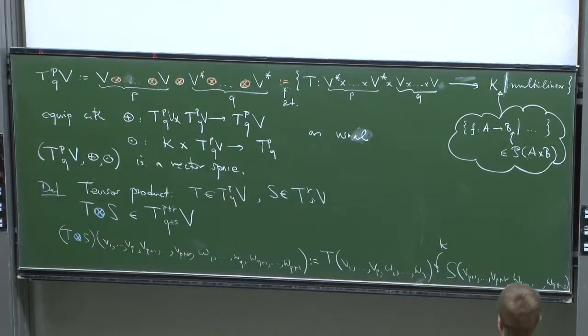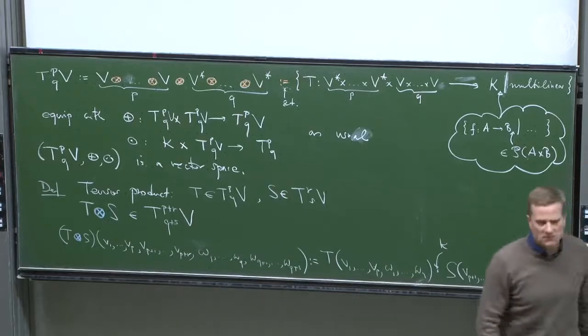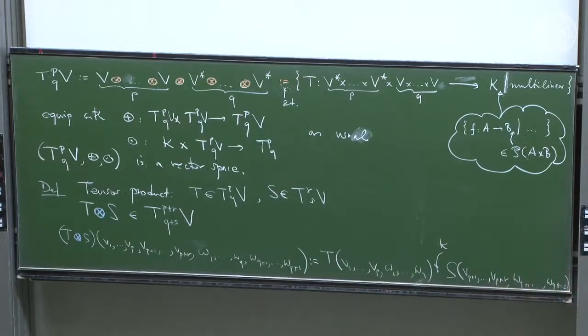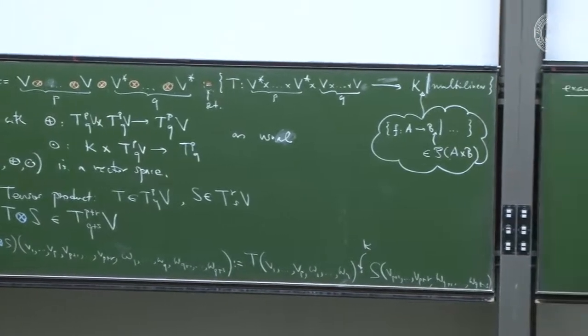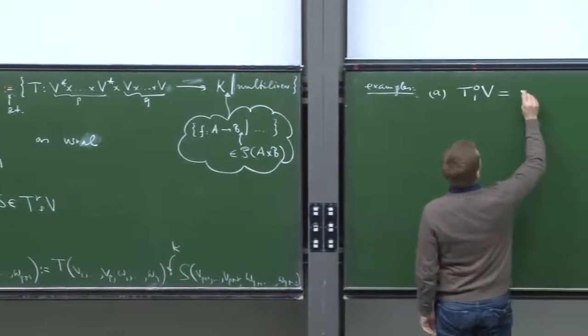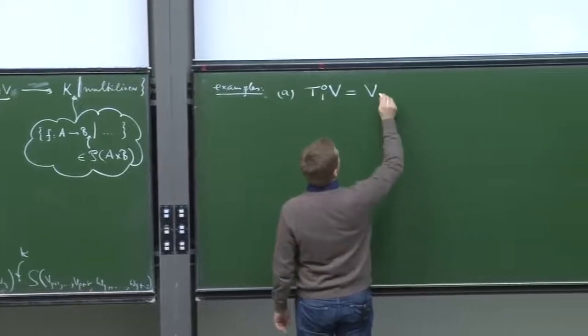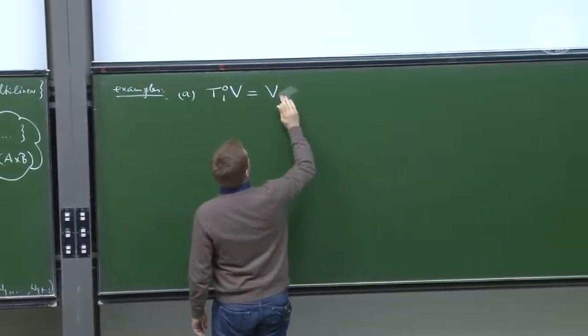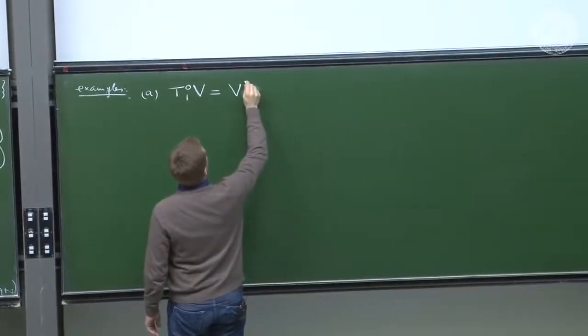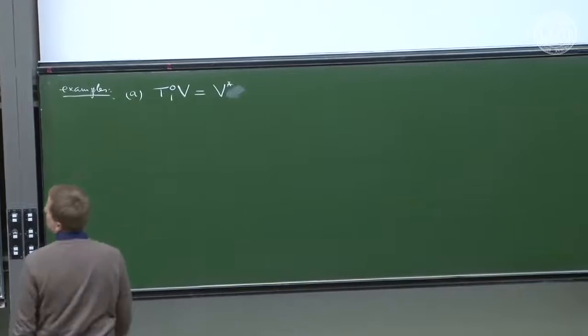Now, however, examples are in order for tensor spaces, and we start with the T^0_1 tensor space over a vector space, and let's see what that is. So T^0_1, according to our notation here, just to practice this a little, is just V star, isn't it?